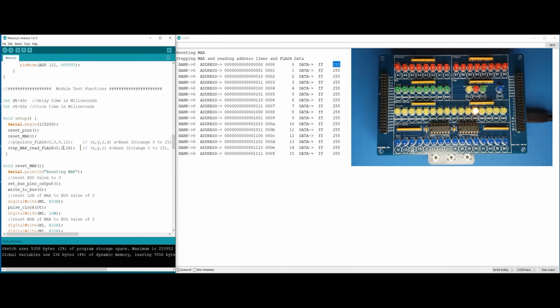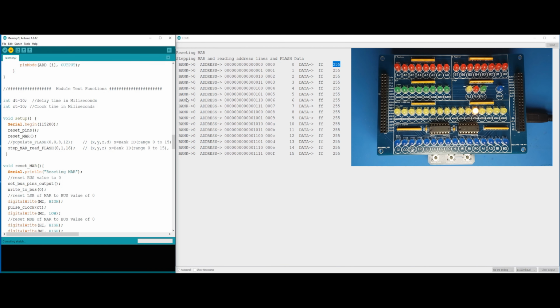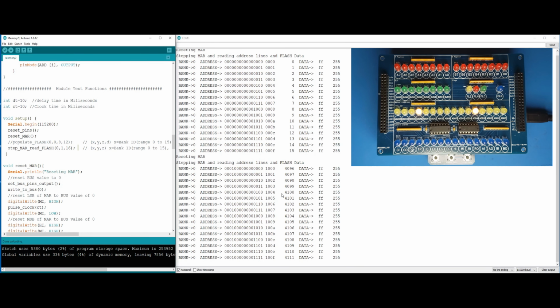Now let's do another thing. Let's change the sector this time. We're still pointing to bank 0, however, we are pointing to sector 1 inside that bank. Let's see what will happen if we run this. Okay, now that we have changed the sector, you see that the first address has changed to 4096, because this is the first address in sector number 1 of our flash bank.